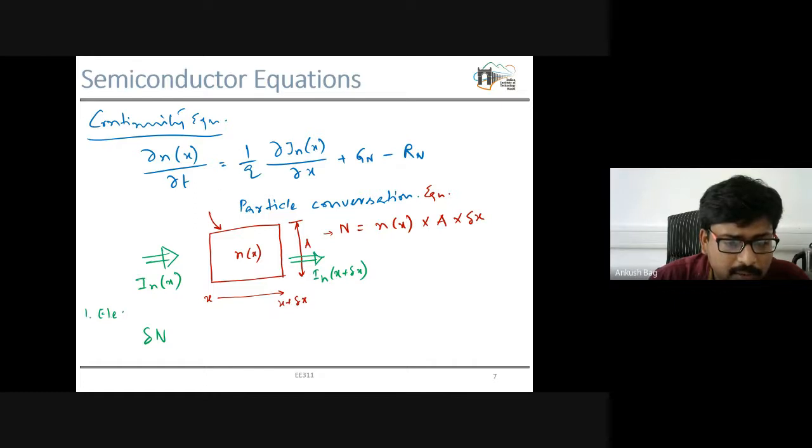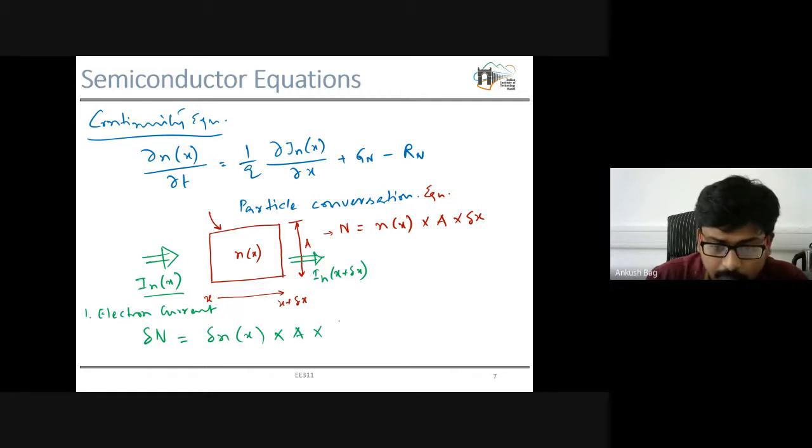So this del N will be del N_x, that means the electron concentration change, multiplied with area. This change is due to the electron current, or due to the difference or the variation in the electron current, multiplied by del x, which we can simplify further in terms of current.